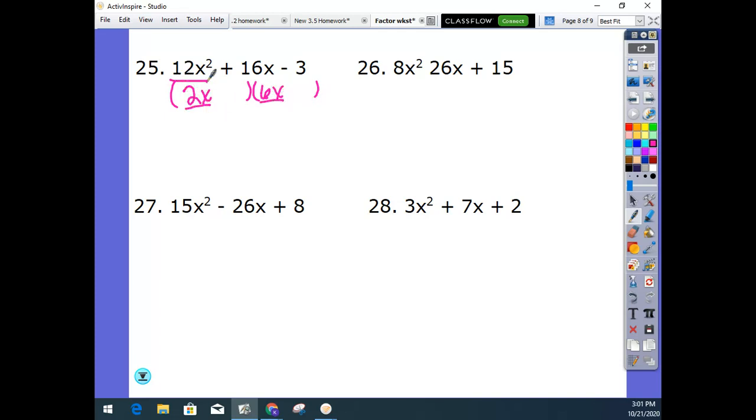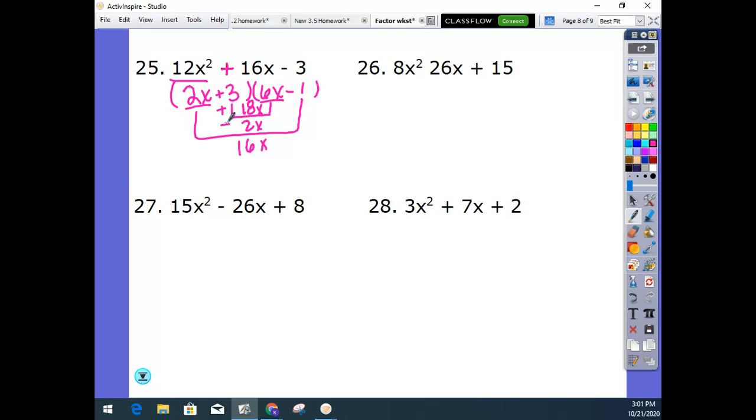Six times 2 is our 12x squared. So 18 minus 2 is 16. Have a positive 16, 18 is negative, or positive, 2 is negative.